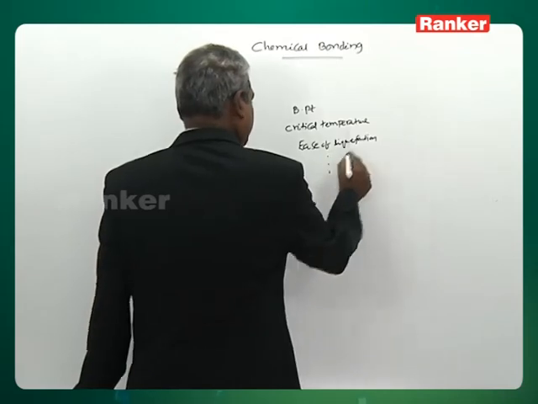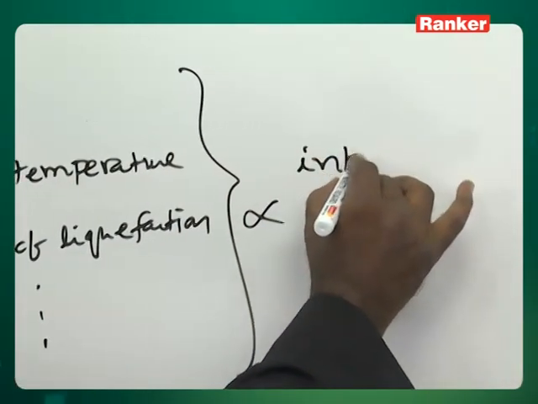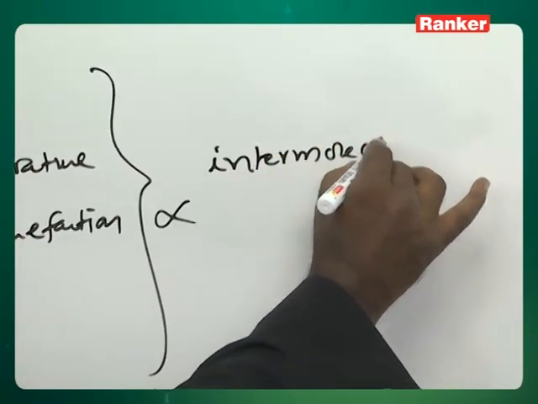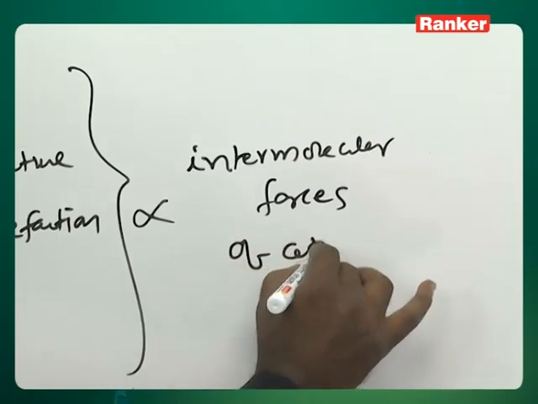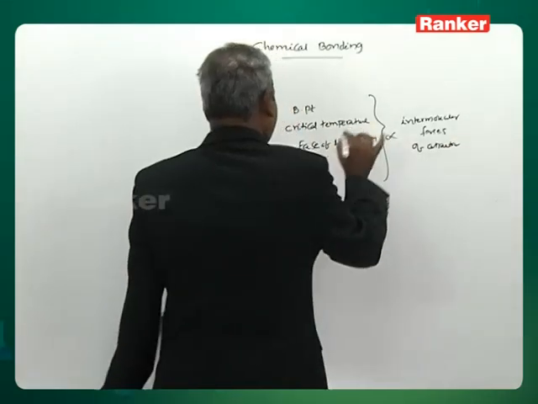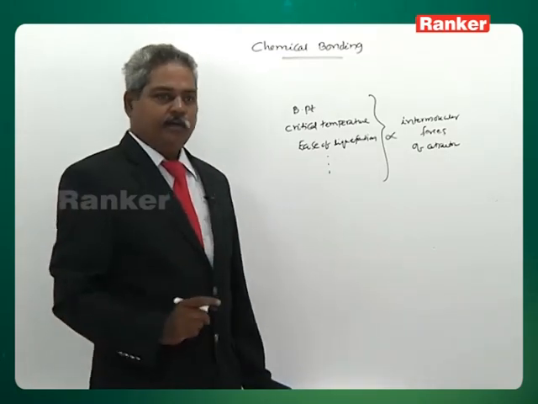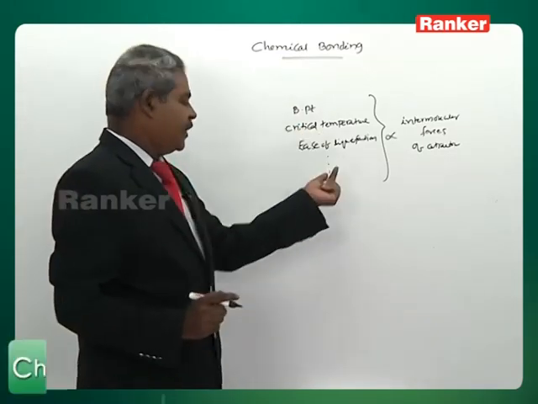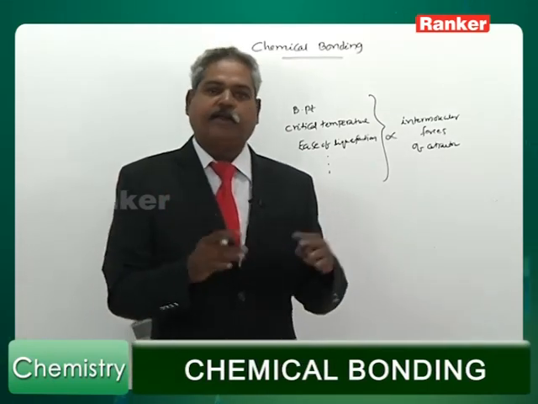There are many things which are directly proportional to intermolecular forces of attraction. I can't define critical temperature here, we are unnecessarily deviating from our main point, but definitely boiling point and ease of liquefaction, bringing the molecules together and separating them.